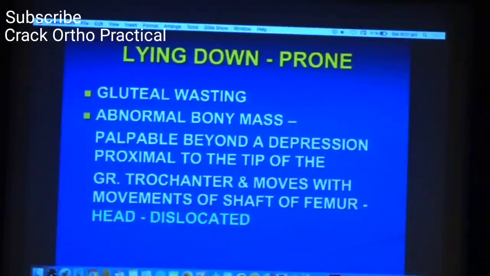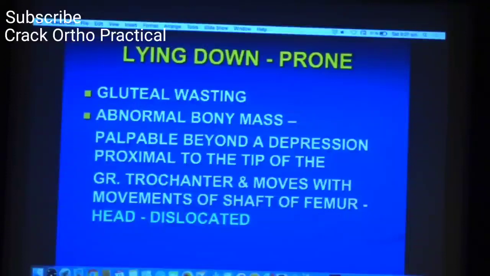So it is now time to make the patient prone. That's the last part of the examination, and in the prone position, I usually suggest that the candidate can combine inspection and palpation together, because very little is to be described here. The first thing which you notice is: is there a gluteal wasting or not?